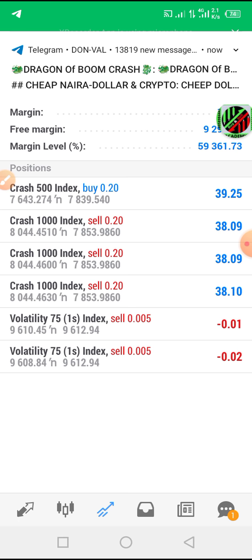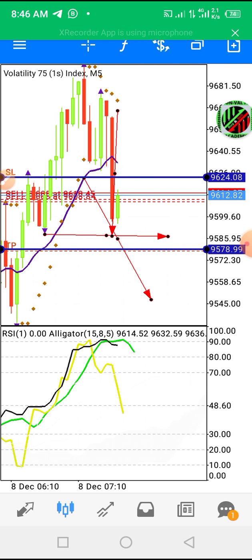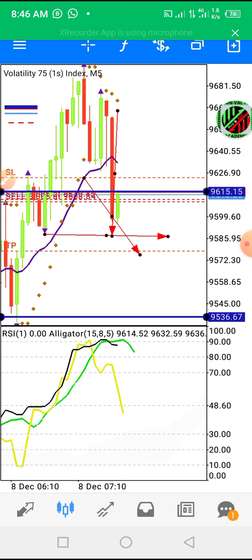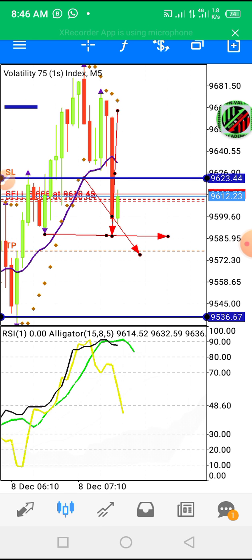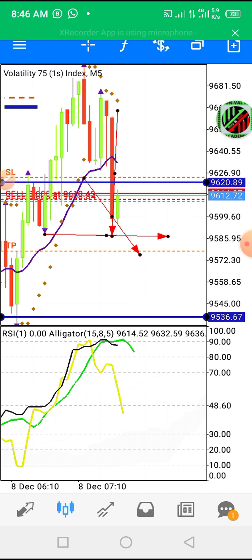So if we go to that chart now, you'll find that we have a stop loss line there. You see it? Look here, you see the stop loss. That is this level. If the price jams the stop loss or jams the take profit, they will close. It's either it jams the stop loss here and closes, or it jams the take profit down there and closes in profit. If it jams the stop loss, it will close at a loss.